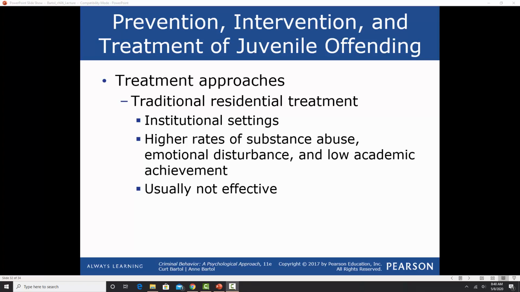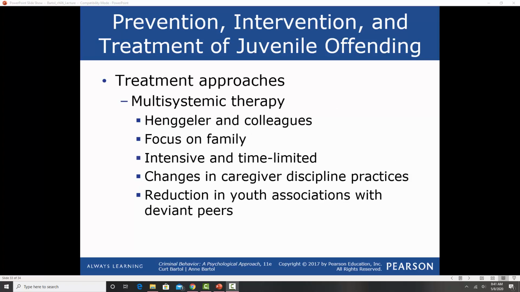Some even show higher incarceration rates for young people in residential programs versus treating somebody while they're at home. Sending juveniles away from the home setting, even if the home setting is not terribly healthy, is really disruptive for young people. But sometimes that is necessary, especially if there are some serious problems going on in the home.